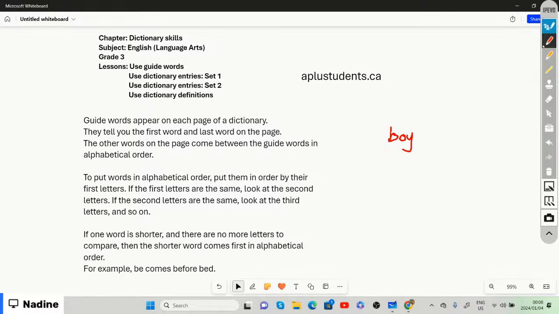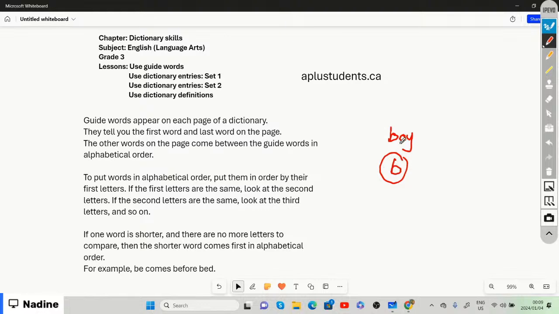If you are looking specifically for words starting with B, then you will find all the words starting with B. Then if you're looking for, let's say, boy, right, and the next word also starts with B, that means that you're going to look at that first letter in order to look for a specific word.